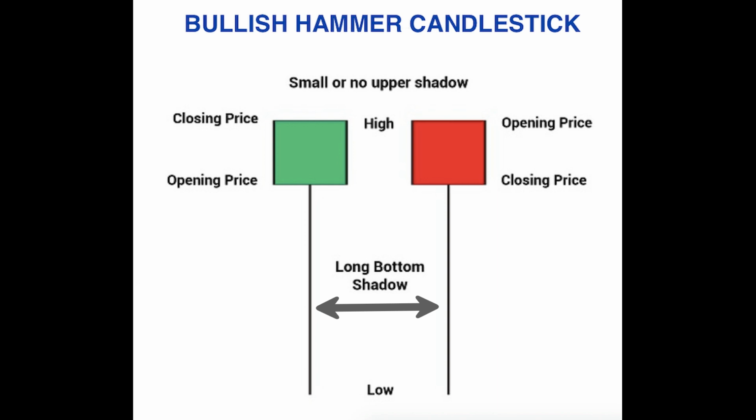The candle looks like a hammer, since it has a long lower wick and a short body at the top of the candlestick with little or no upper wick. It is usually found at the bottom of a downward trend. It shows that even though there was earlier selling pressure, ultimately a strong buying pressure drove the price back up.